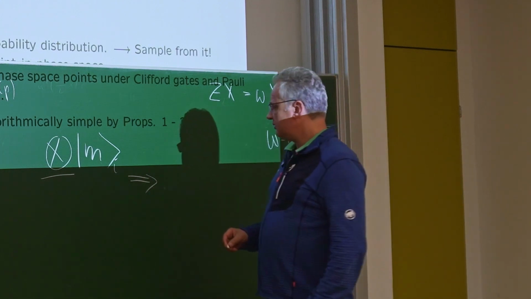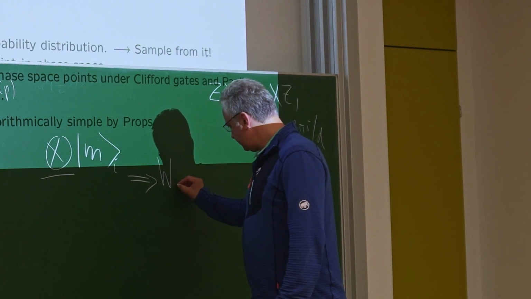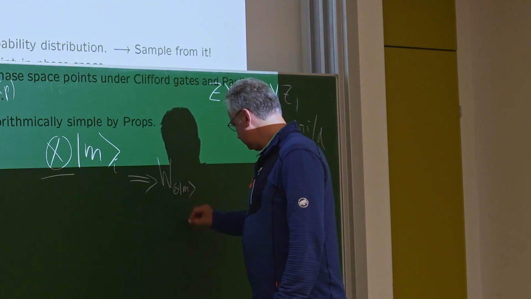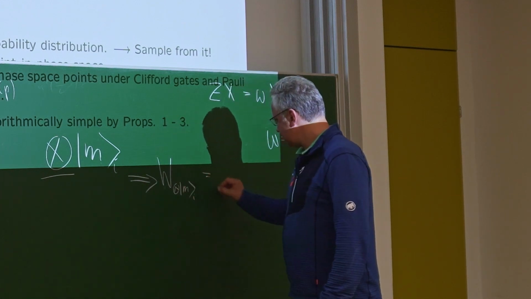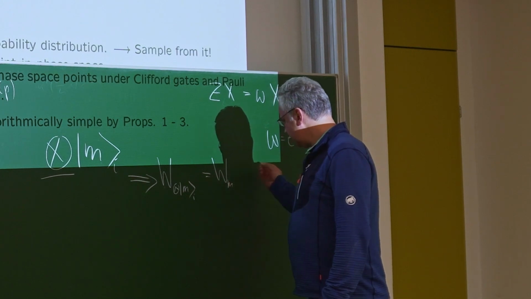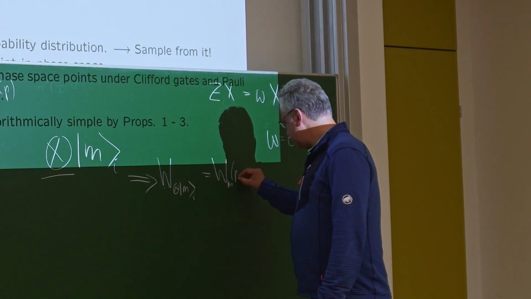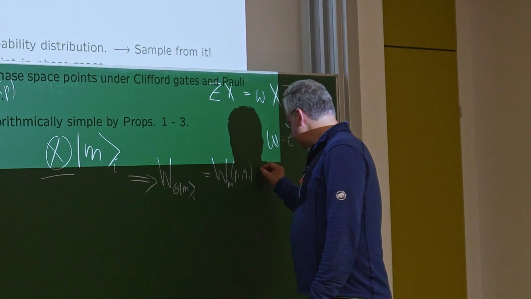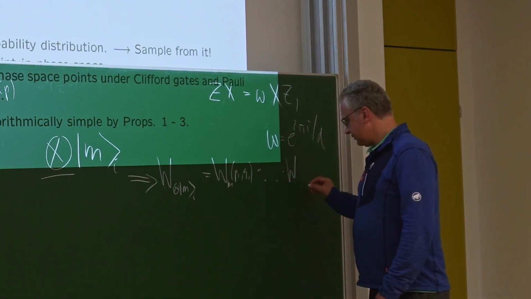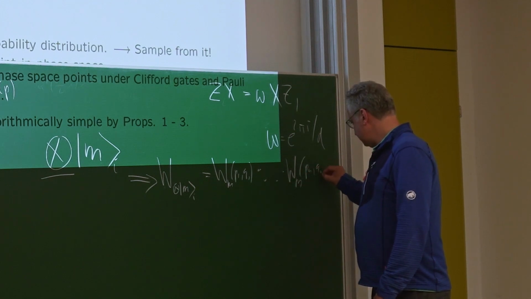And so the Wigner function of the magic states is the product of those Wigner functions. It has arguments P1, Q1, times the Wigner function for the state M, Pn, Qn.